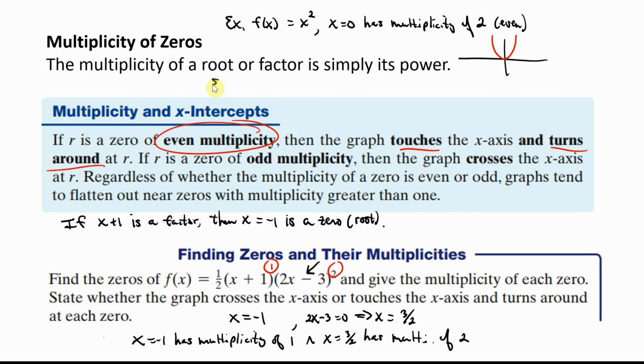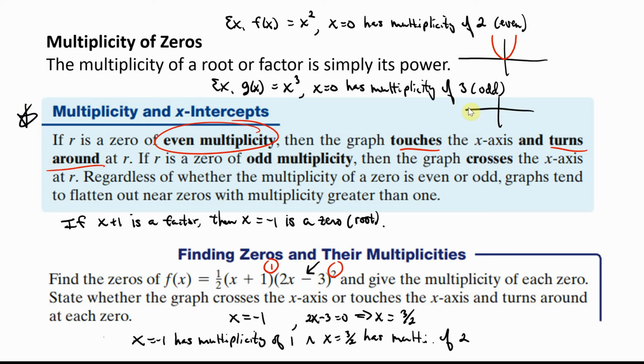So then, look at this one. G of x equals x to the third. Here, x equals 0 has multiplicity of 3. Let's say we never saw this statement before, but I know this graph.